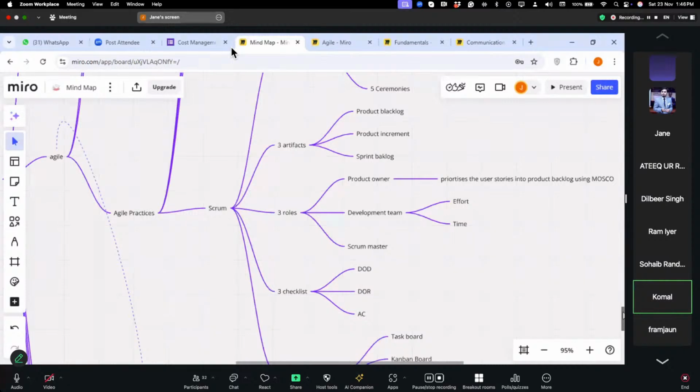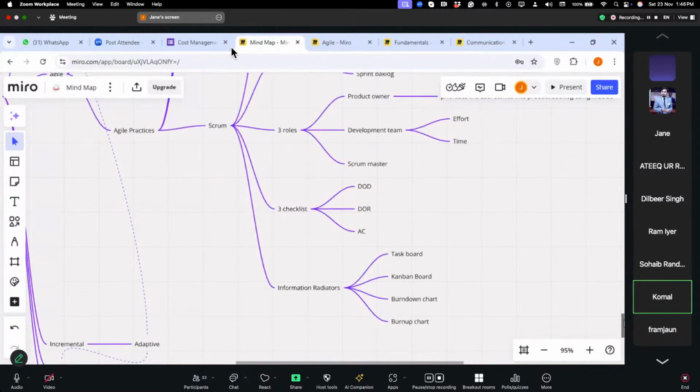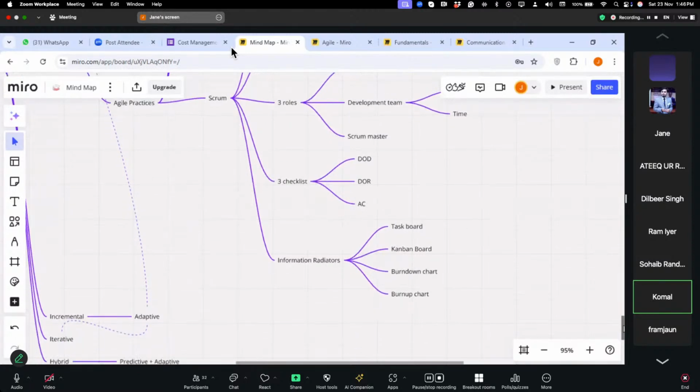The product owner prioritizes the user story into the product backlog using MoSCoW. For the development team, effort and time, and 3 checklists: definition of done, definition of ready, and acceptance criteria. Information radiators, like the task board and Kanban board, burn down chart, and burn up chart. These are all from Agile.